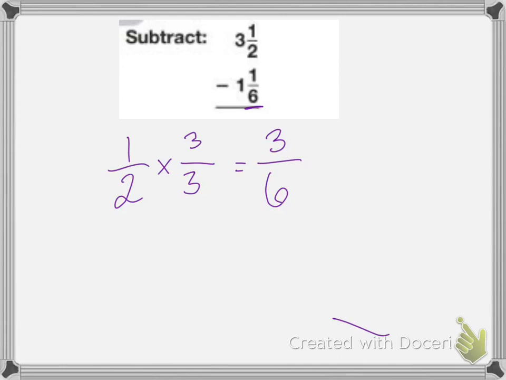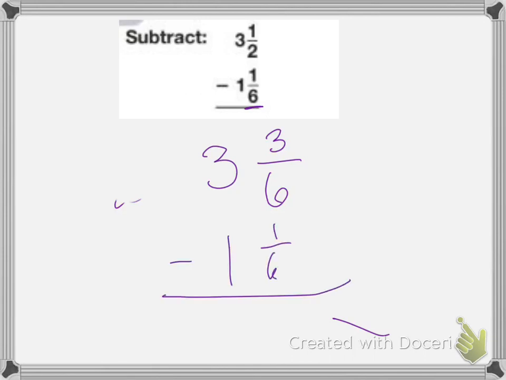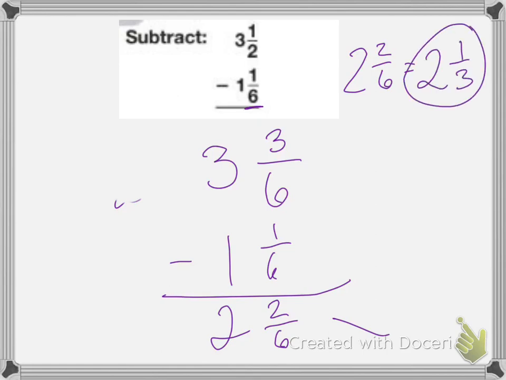So my new problem is 3 and 3/6 minus 1 and 1/6. 3 minus 1 is 2, so 2/6, and 3 minus 1 is 2. So I have 2 and 2/6, which reduces down to 2 and 1/3 for my final answer.